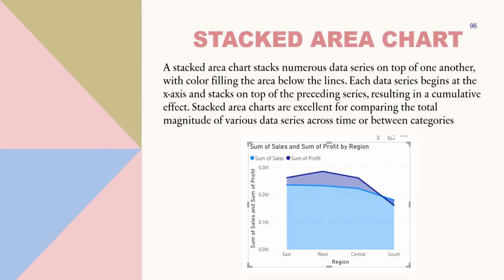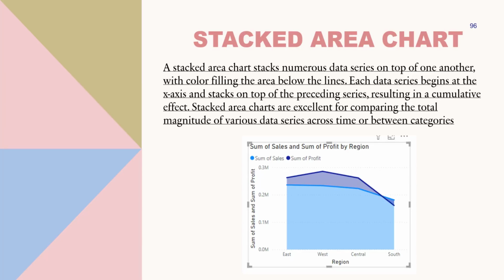Next is the stacked area chart. In this chart, multiple data series are stacked on top of each other with the area below the lines filled with color. Each data series starts from the x-axis and is stacked on top of the previous series, creating a cumulative effect.